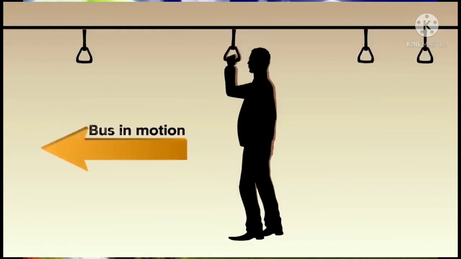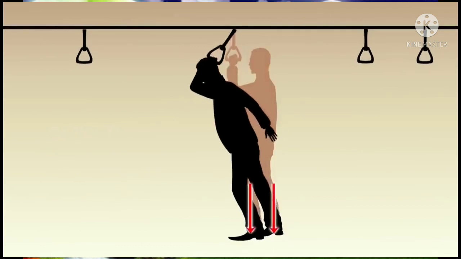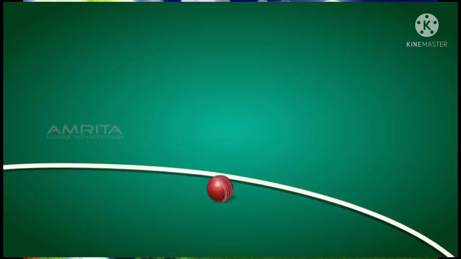When the bus is moving, the whole body of the passenger is in a state of motion. A sudden halt caused by the lower part of the passenger's body that is in contact with the bus comes to rest. However, the upper portion of the body remains in the state of motion due to the inertia of motion, causing the passenger to fall forward when the bus stops suddenly. Inertia of motion is a tendency of a body to resist a change in its state of uniform motion.